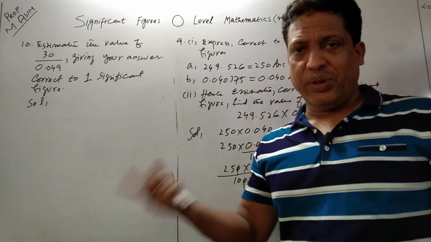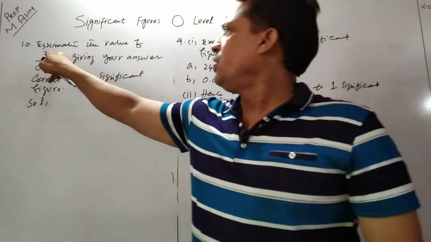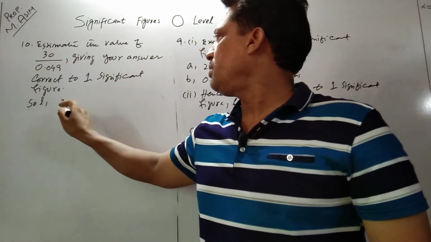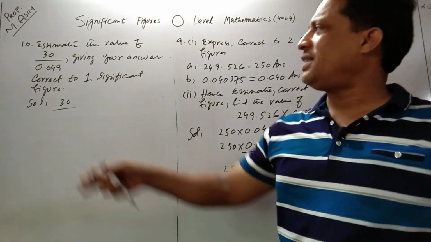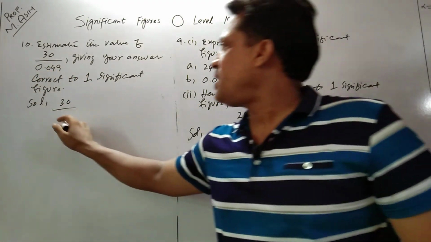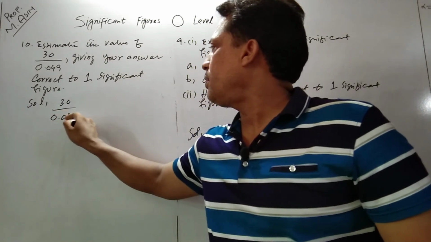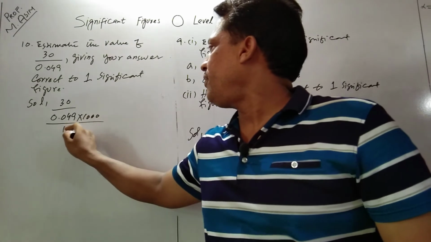Again, first we have to estimate, then we have to give the final answer in one significant figure. So this is 30. We have to eliminate the decimal. This is 1, 2, 3, 3 decimal places. So we must multiply by 1000 and divide by 1000.